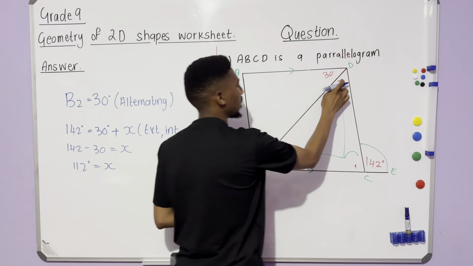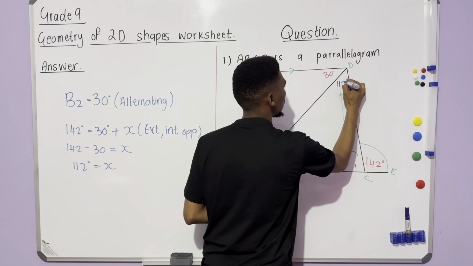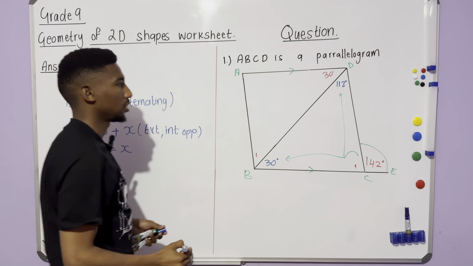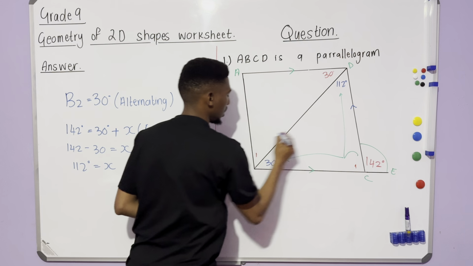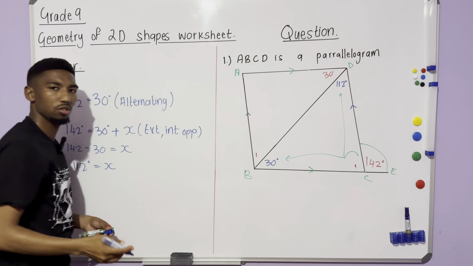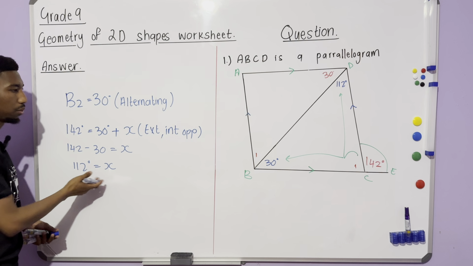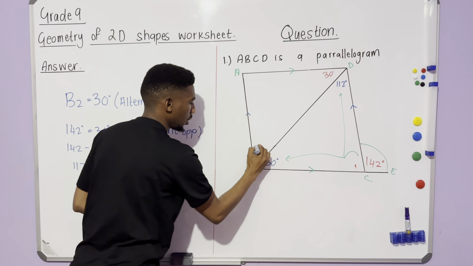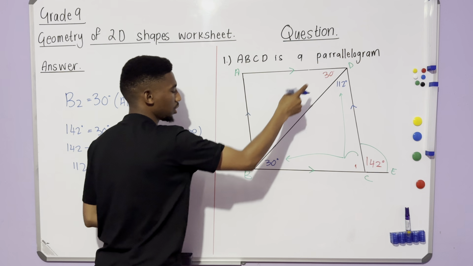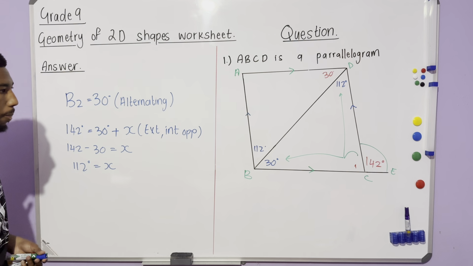To then quickly find these other angles over here, we know that this is alternating as well, just to fully find all the angles, but we found x already. That's alternating, so that means this will be 112 degrees because of alternating angles.